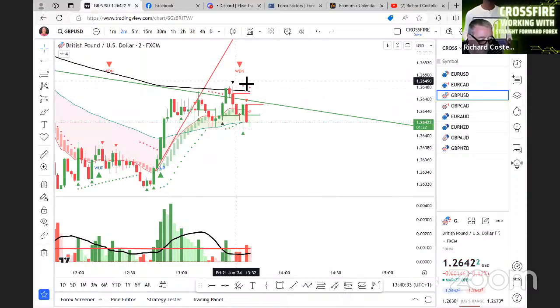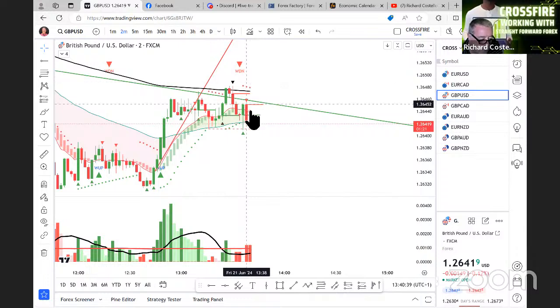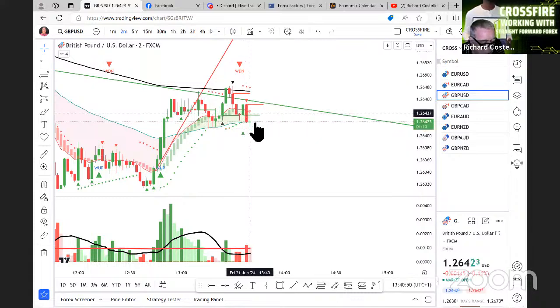We've now got a wave down on prices. It was already below the red trend line. It's now below the green trend line. However, we've got a green cloud because the red 13 moving average is still above the 62, the green moving average.